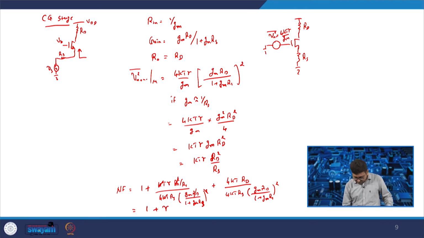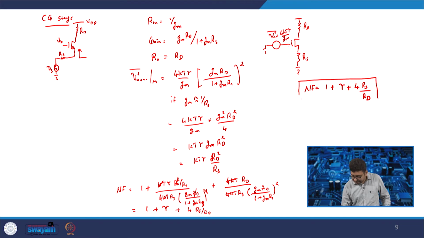In this case the 4 kT will be cancelled out, this will be 2, so that will come up, and it will be written as plus 4 Rs by Rd. So if we write it down here, the final noise figure is given by 1 plus gamma plus 4 Rs by Rd.